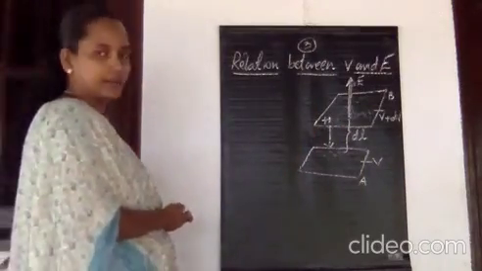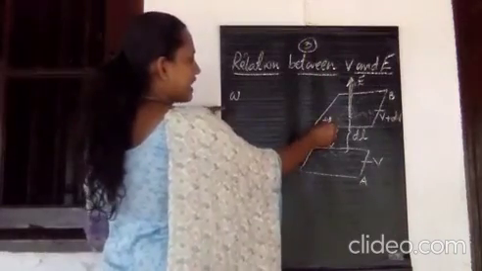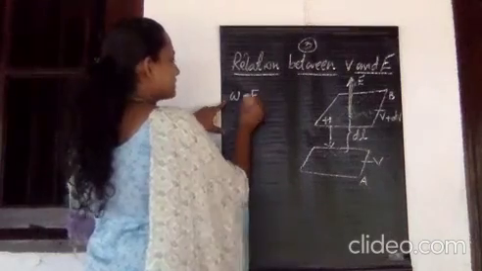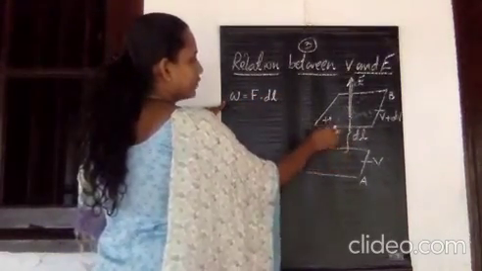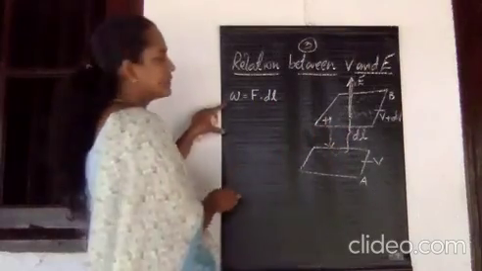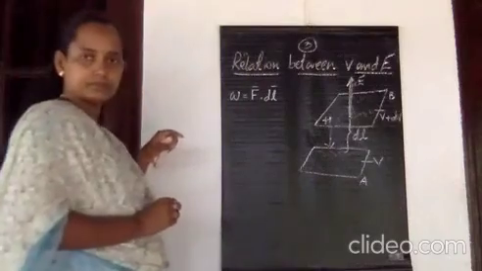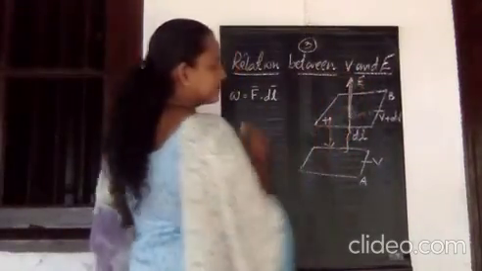Work is needed. We know that the work done to move the unit positive charge from plane B to plane A is force times displacement. Therefore it is F dot dl, where dl is the distance through which the charge is moving. But here there is an electric field E existing.